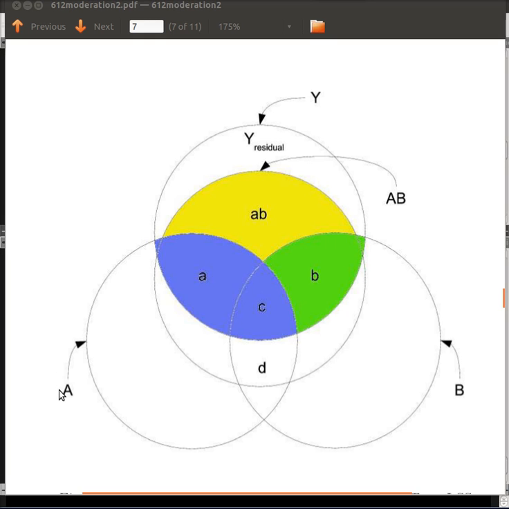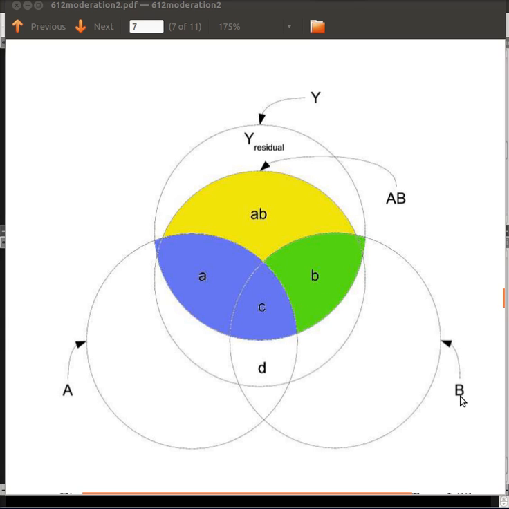In type 1 sums of squares, if the primary predictor is A, secondary is B, and then I test my interaction, this A portion and the C portion all get attributed to A, and this is the common variance, like the coefficient of determination between A and Y.